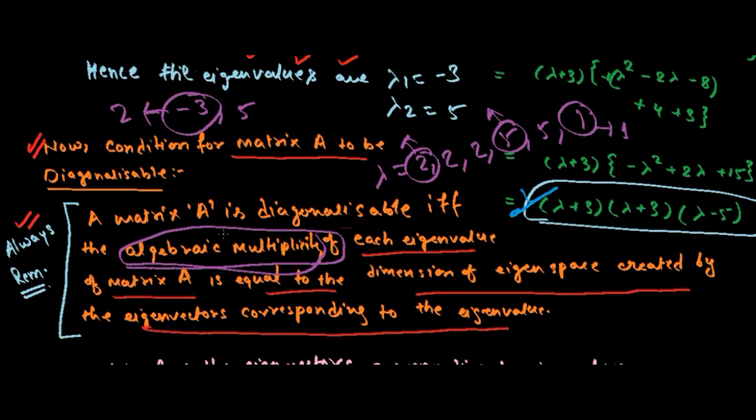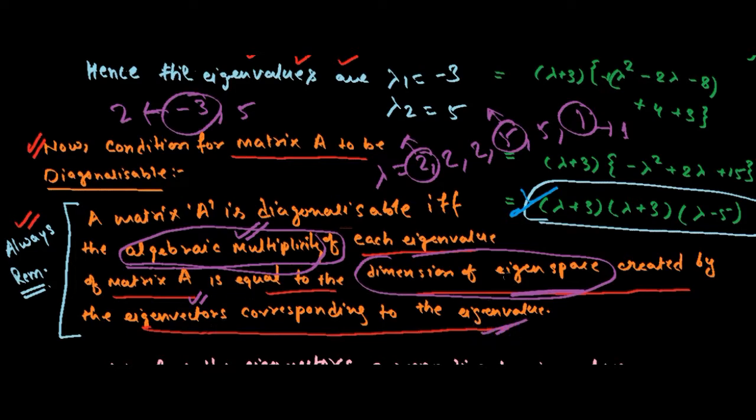So the algebraic multiplicity of each eigenvalue of matrix A should be equal to the dimension of the eigenspace created by the eigenvectors corresponding to the eigenvalue. The eigenspace is a space created by the eigenvectors obtained from the eigenvalue.